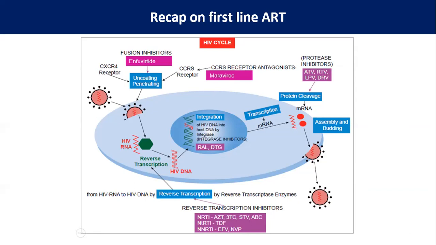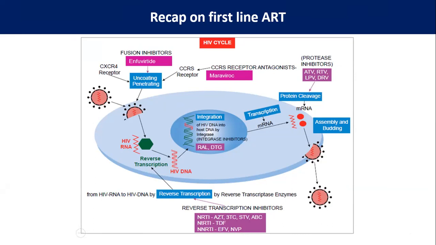Once this integration is complete, messenger RNA acts on this and a long chain of viral RNA is produced, which is cleaved by the protease into small proviral segments, which are assembled and gradually bud out of the cells to infect other healthy cells.